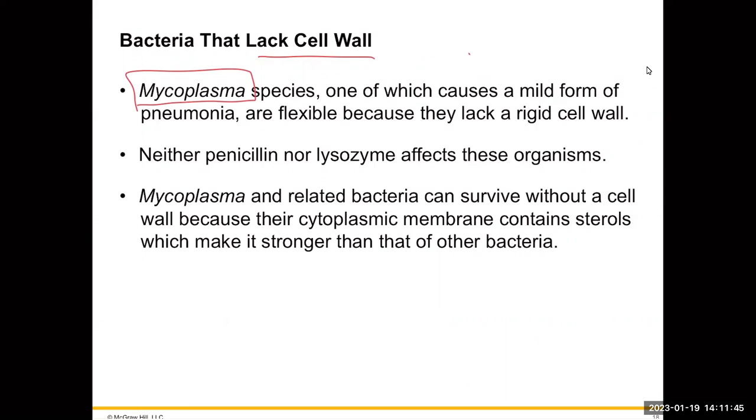Mycoplasma actually causes walking pneumonia, which we'll talk about when we get to lung diseases, but they don't have a cell wall. Their plasma membrane has sterols in it, so it makes it tougher. So they don't need a cell wall. They grow really, really slow though. But Mycoplasma is a type of bacteria that doesn't have a cell wall. So you can't gram stain them.